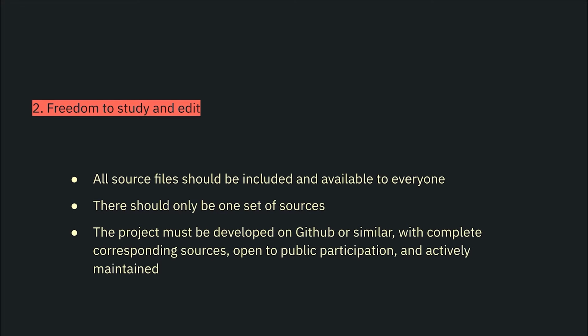All the source files should be included and available to everyone. There should be only one set of sources. The project must be developed on GitHub with the complete sources, open to public participation, and actively maintained. Complete sources include all the build instructions or scripts needed to reproduce the creation of the fonts.